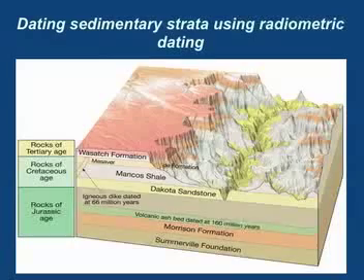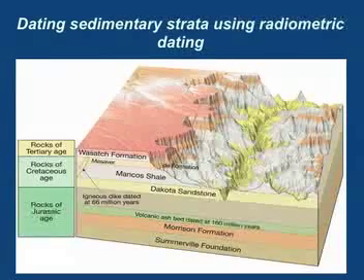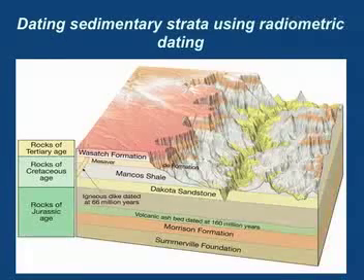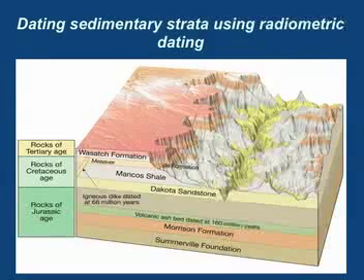Let me show you an example. This is a place where we sometimes go to dig fossils in the summer, and the Morrison Formation is a very famous dinosaur-bearing formation. Look at it, there's a volcanic ash bed right above it. What can I say about the Morrison Formation? It has to be older than 160 million years, because that 160 million year old ash sits above it. What can I say about the Dakota sandstone?